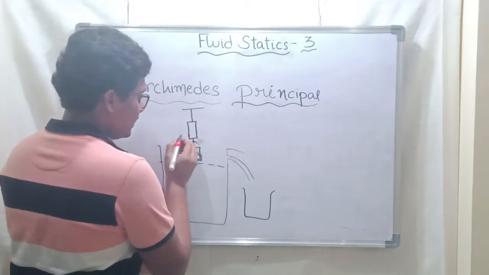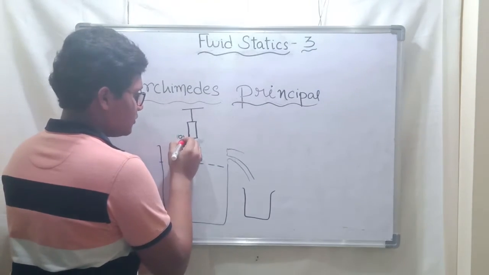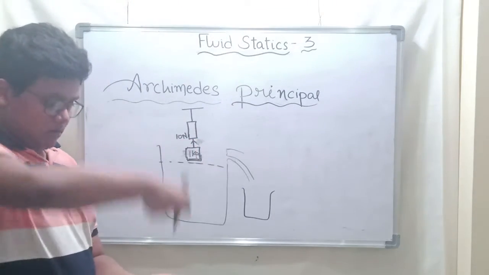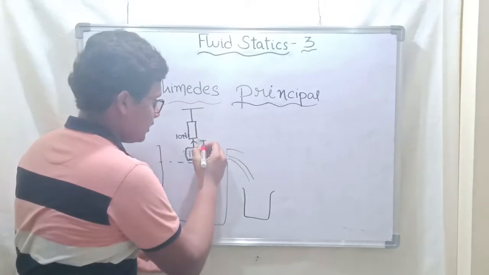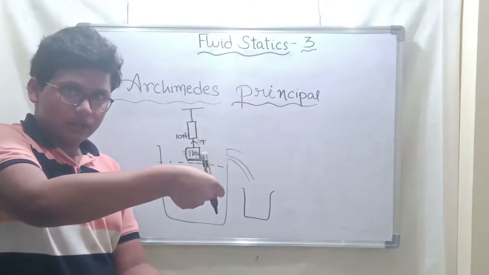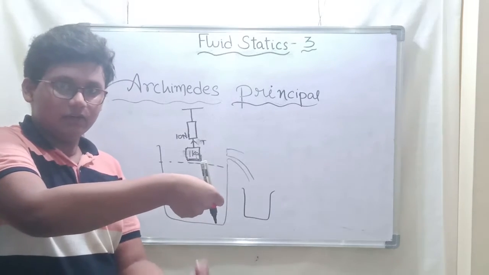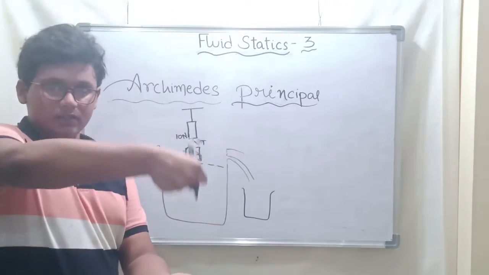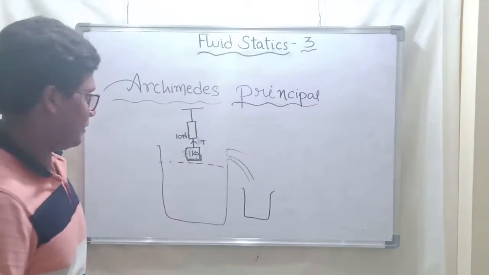See here, it is 10 newtons because it is carrying that mg. Upward it is carrying tension, and downward it is 1 into gravity, 1 into 10, so upward is 10 newtons. With 10 newtons it is at equilibrium.